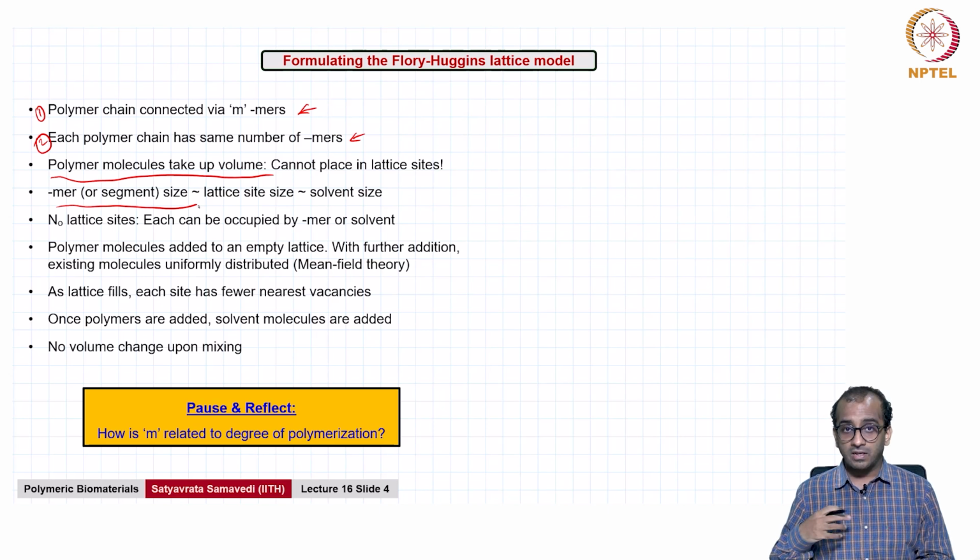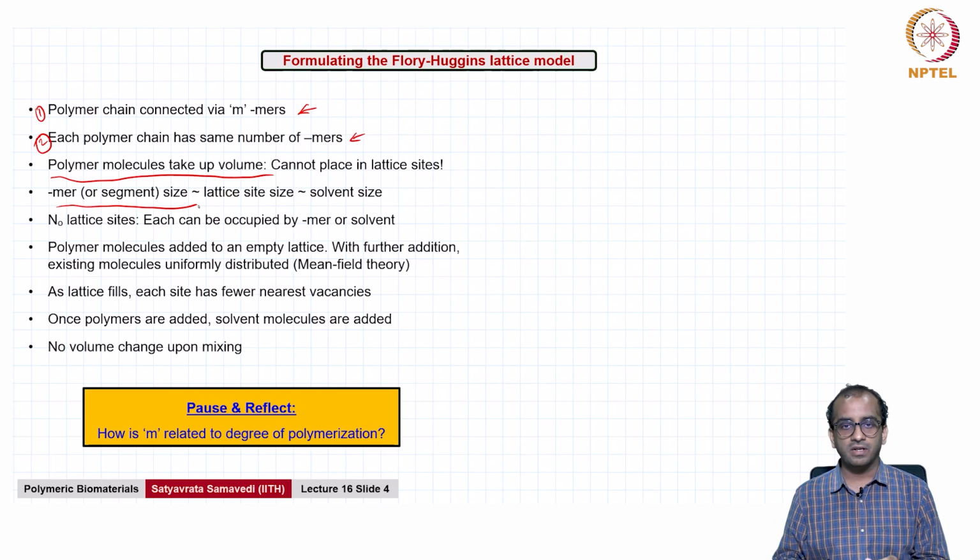So, while the chain itself may be very big, if you zoom in and look at only a mer, the size of that will be of the same order of magnitude as perhaps a solvent molecule, and now you can come up with a one-to-one correspondence between solvent molecule and lattice site, and mer and lattice site, not chain.